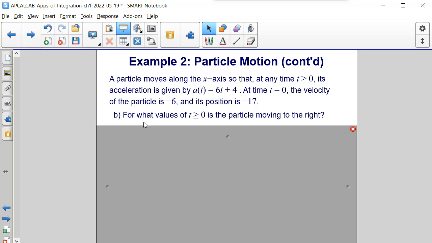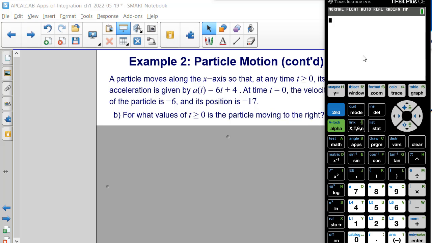Now let's look at part B. For what values of t that are greater than or equal to 0 is the particle moving to the right? Well, when a particle is moving to the right, its velocity will be positive. So if we use a graphing utility, we can graph the velocity function that we just found.